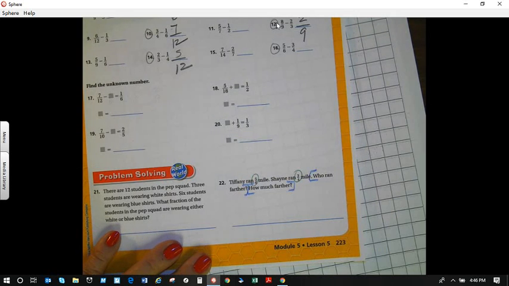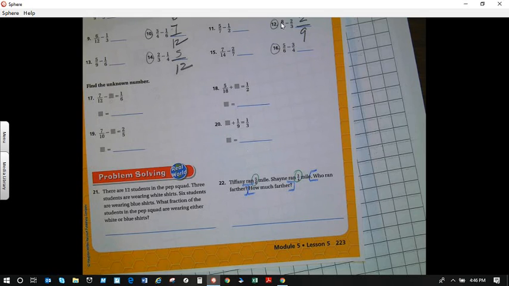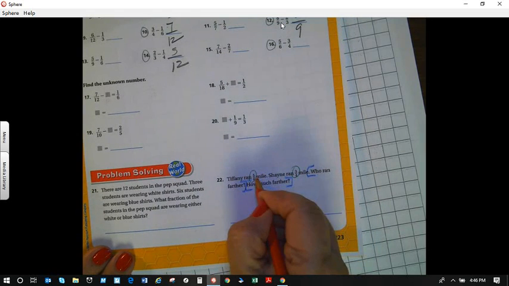And then I need to underline the unit of measure or the label. Well, here the unit of measure is mile.